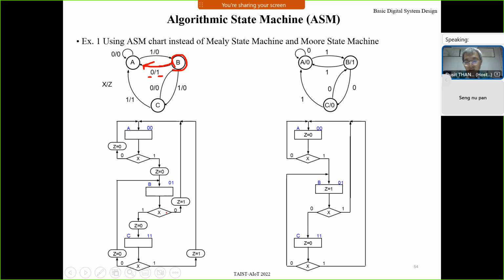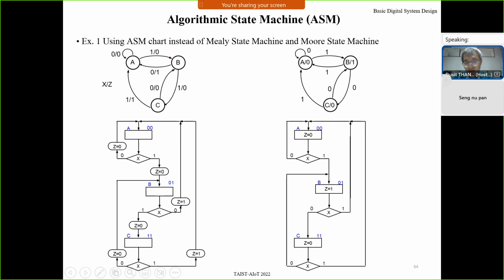At state B, when input X is 0, output is 1 and it goes back to A. When input X is 1, output is 0 and go to state C.